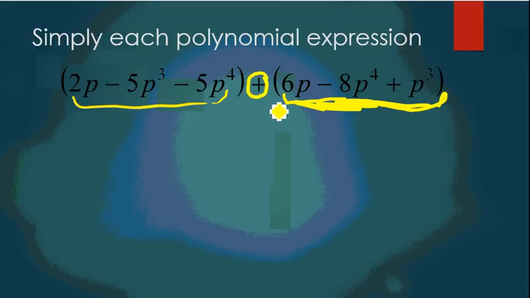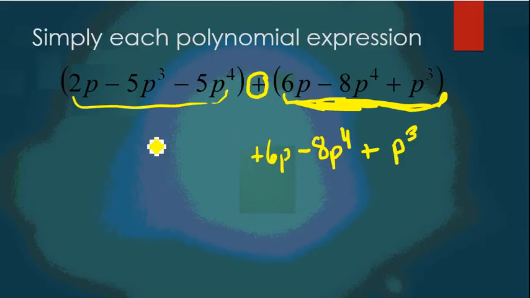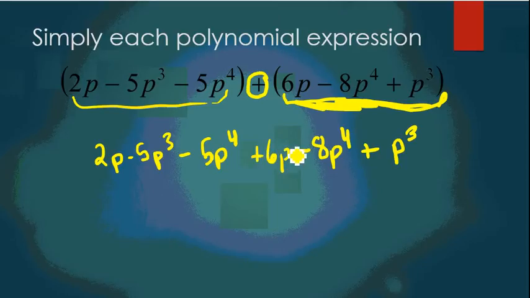So that just means I get to take this one as it is: plus 6p minus 8p to the 4th power plus p cubed. And then we're going to just bring this one down: 2p minus 5p cubed minus 5p to the 4th. And then I'm adding a plus 6p and minus 8p to the 4th and a plus p cubed.